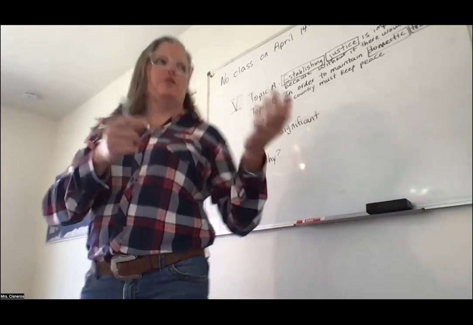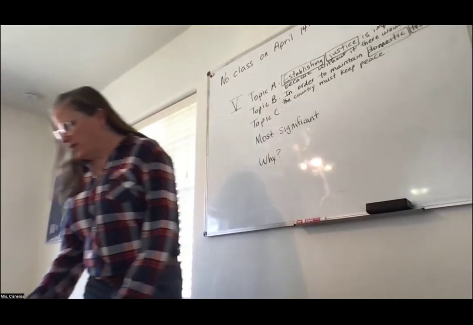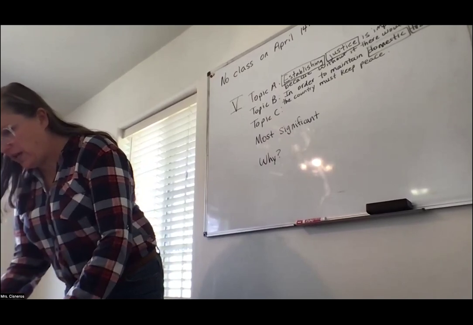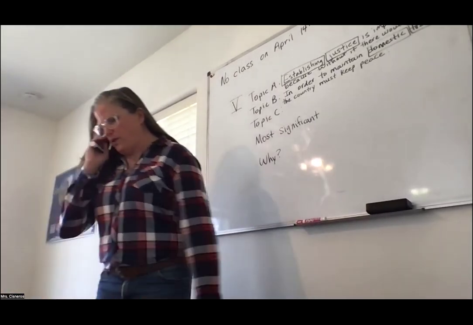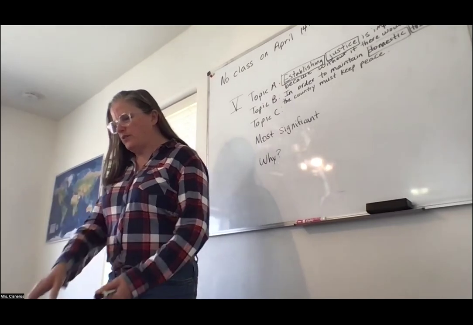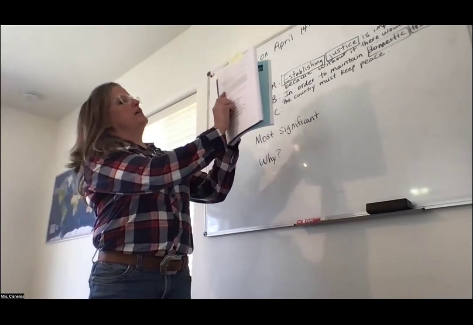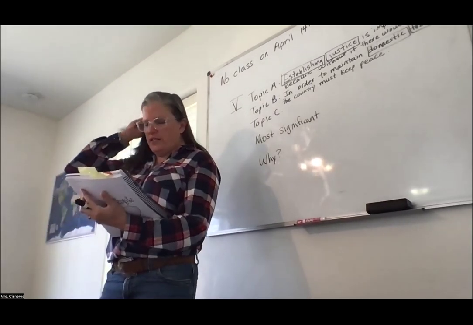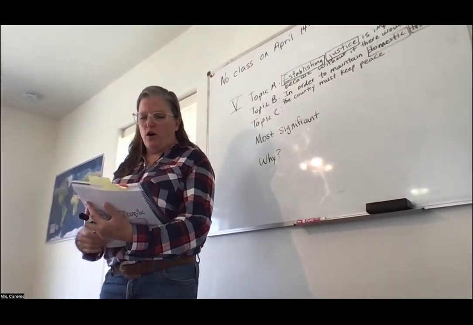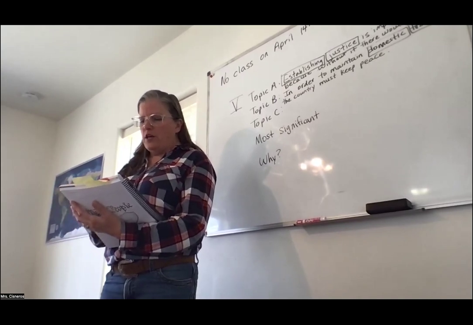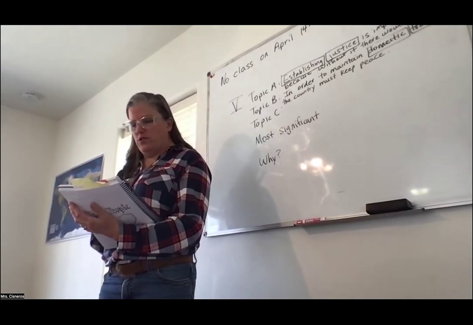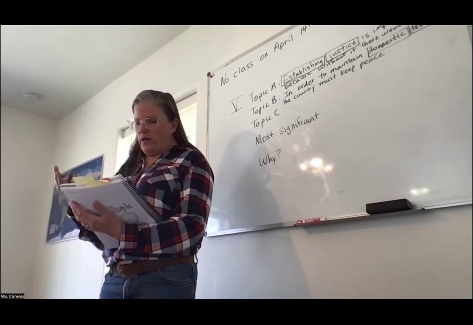So here's a couple options for most significant. Let's look at that on your page for today, on page 225. See where it says most significant and why? At the top, there's a paragraph right here. What is the most important, most interesting, or most significant thing to remember about all you wrote about and why? Think about the preamble, what the preamble reveals about the Constitution and the men who wrote it.